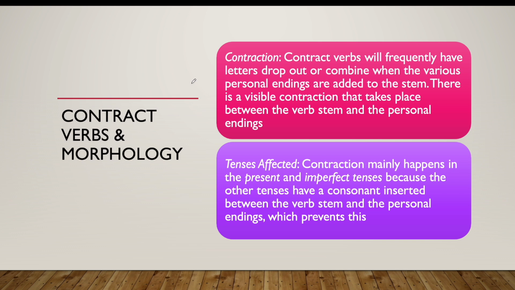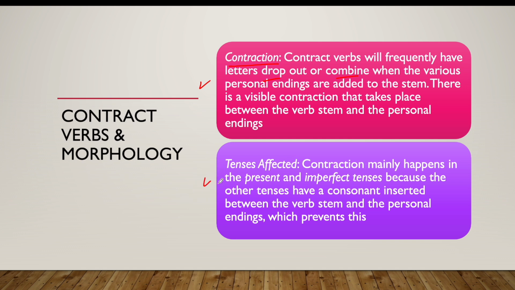So let me define my terms a bit. Contraction means that these contract verbs frequently have letters drop out or combine with the personal endings added to them. And we're going to see visible signs of contraction and change happen in these endings.